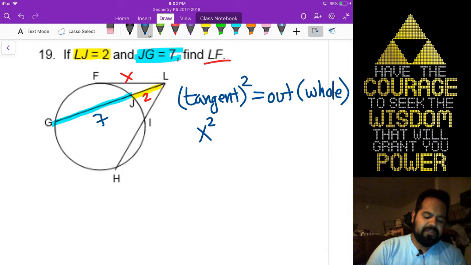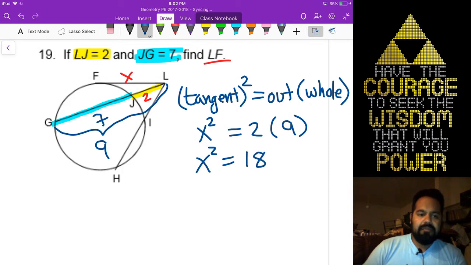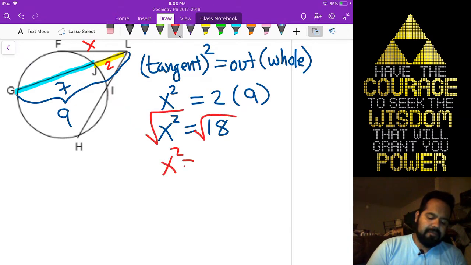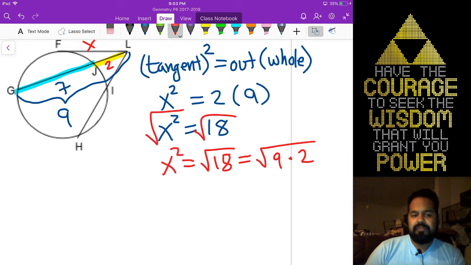So x squared equals the outside of 2 and the whole length of 9. Well, I'm going to take that square root and break it down nicely. If you remembered, we already said that 18 was 9 times 2. Square root of 9 times 2. But wait, what is the square root of 9?